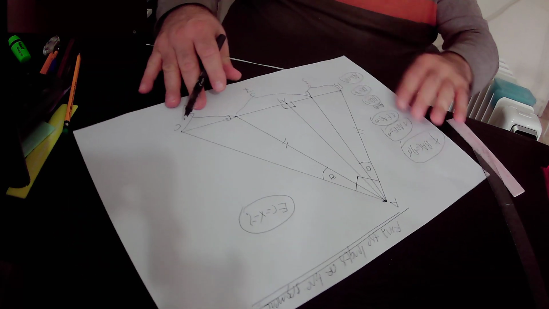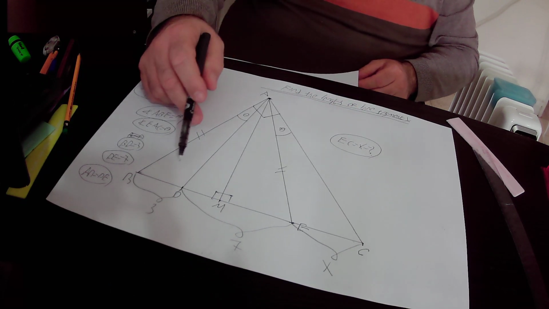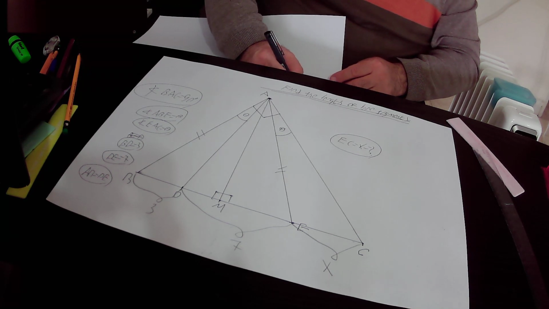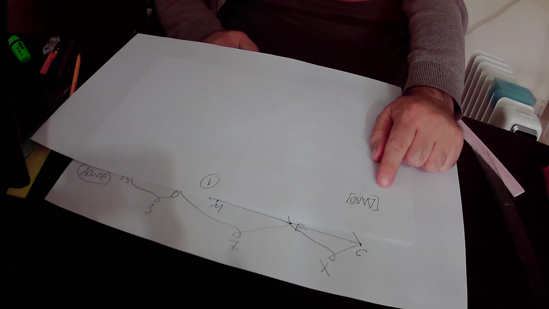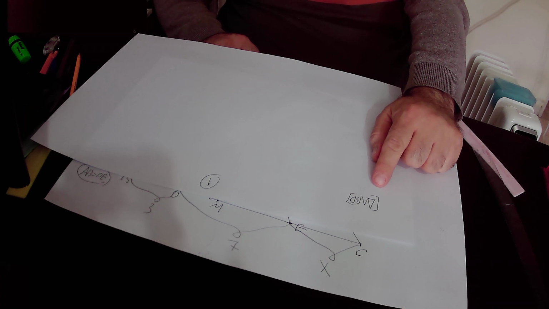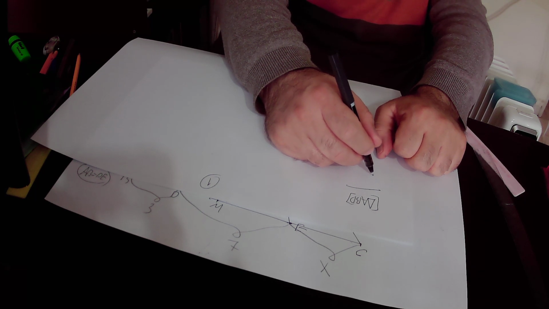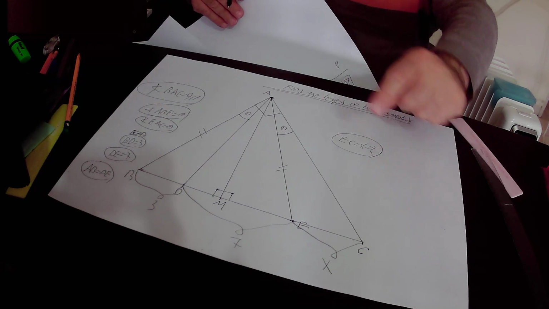So the area of triangle ABD, this triangle, here the squared bracket is the sign for the area, so it means the area of triangle ABD over the area of triangle ADE.